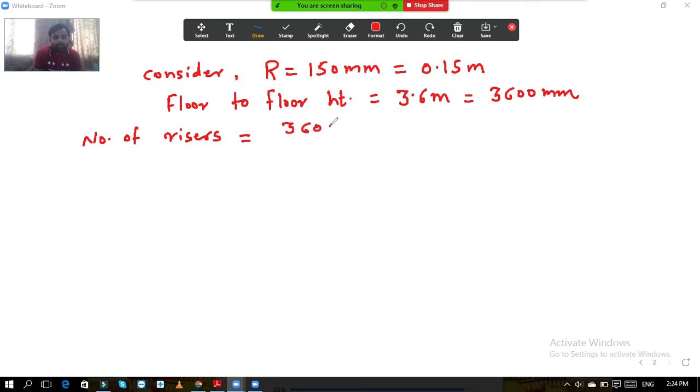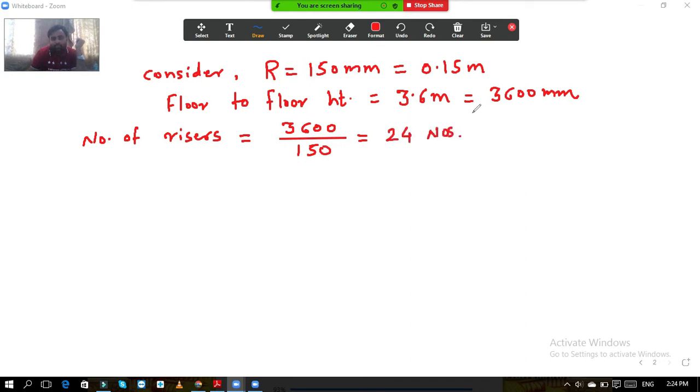It is 3600 divided by 150, single riser. Do the calculation and let me know the answer. 24. Now we have found the total risers, 24 numbers.